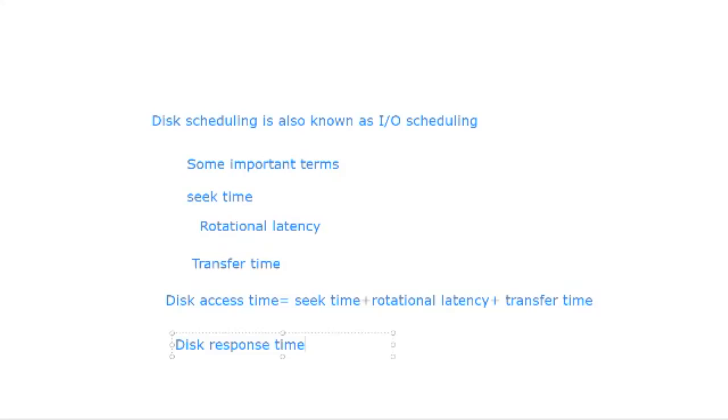Now, what are the advantages of disk scheduling? Can anyone tell me? Ma'am, we get faster. Yes, computer, whenever you are working with this, it is not that fast.